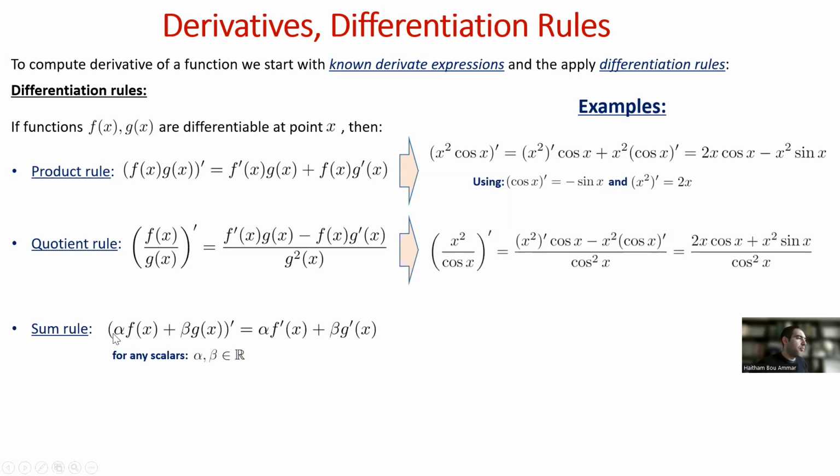And then we want to compute the derivative of that linear combination, alpha multiplied by f of x plus beta multiplied by g of x. The sum rule tells us that the derivative of that is nothing but alpha multiplied by the derivative of f of x plus beta multiplied by the derivative of g of x.